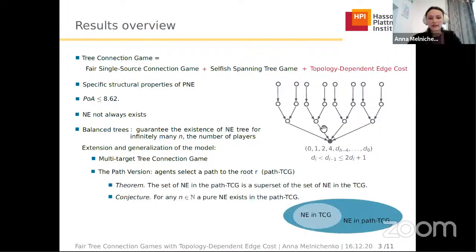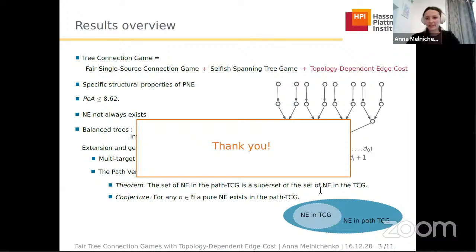Interestingly, our game with a single edge, where agents can pick only a single edge, is a subclass of path tree connection games. This extension, and more results, you can find briefly in our paper. I think I will stop now and say thank you for listening.